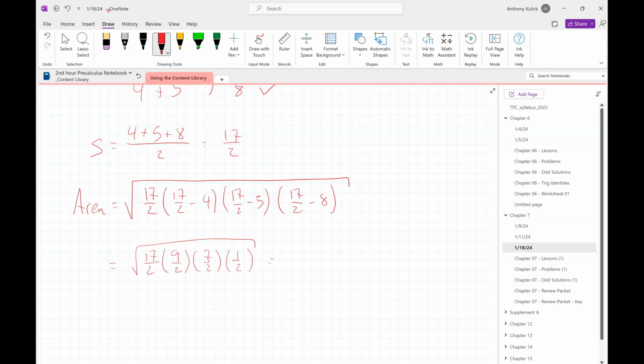So at this point, I don't want to do that. It's just not so bad. So that's 9 times 17, which is 153. Can you do that in your head? You know the trick to doing it in your head?